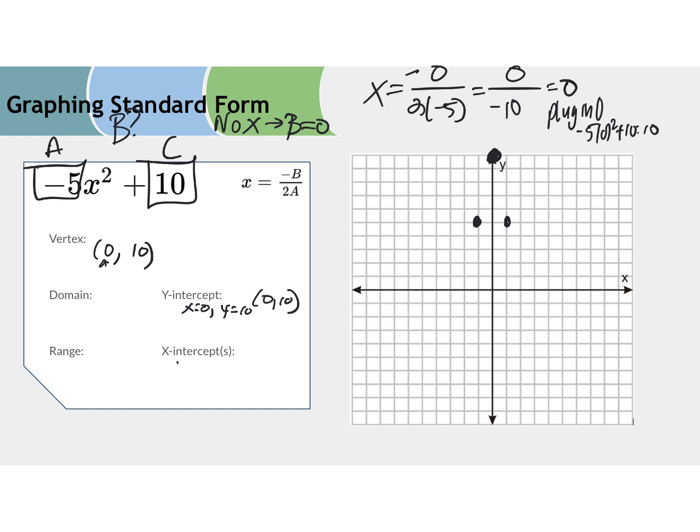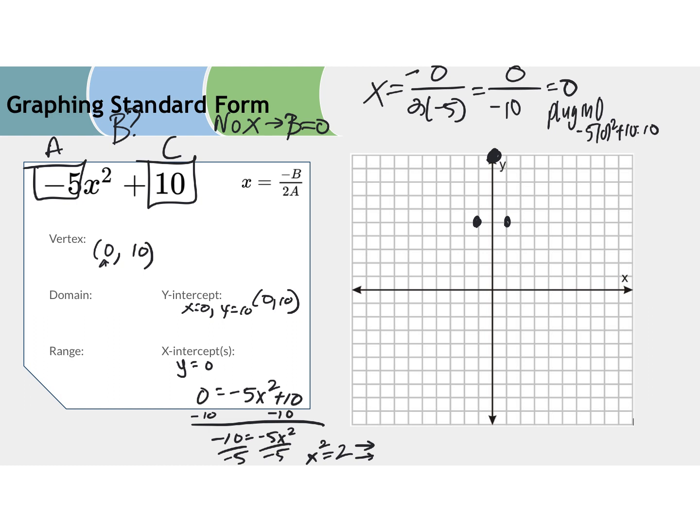Now to get the x-intercept, that's when y equals 0. So we have to do 0 equals -5x squared plus 10. And I solve for x, so I subtract 10 on both sides. -10 equals -5x squared. Divide both sides by -5. I get x squared equals 2, which is not normal and easy to solve.